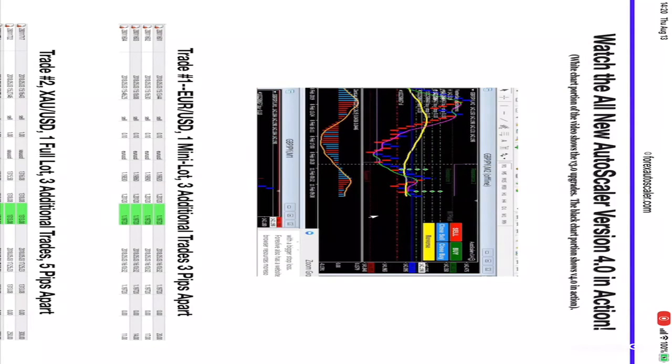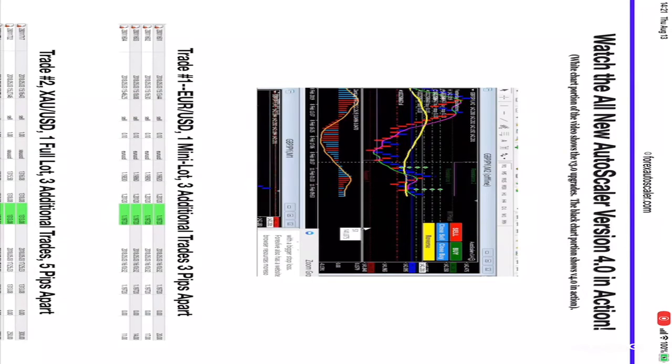I'm in, should be in trade number 2 now. And we should see the step stop trigger in another pip or so, since it's based off of the ask prices, because we're in a buy trade, so it needs to go up another pip, pip and a half, whatever the spread happens to be.